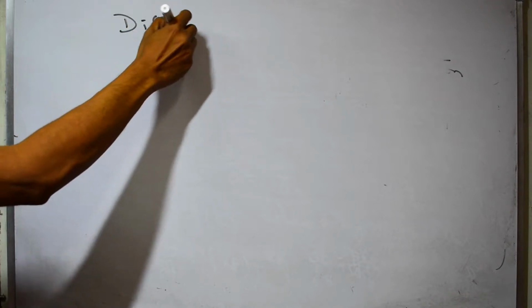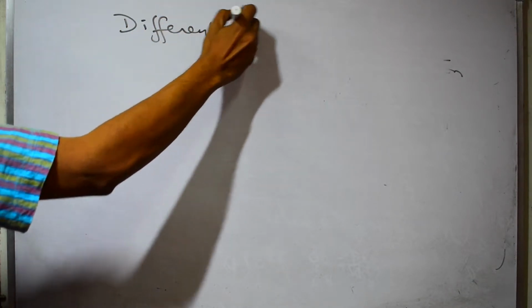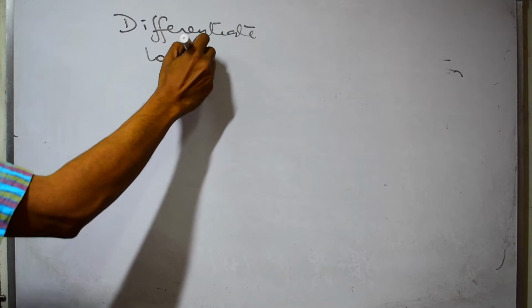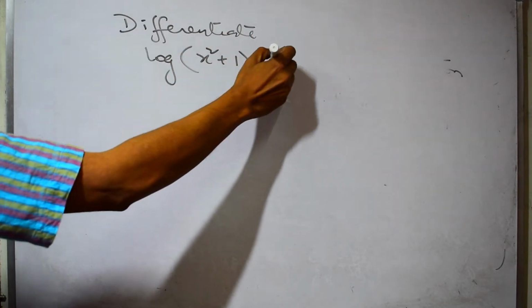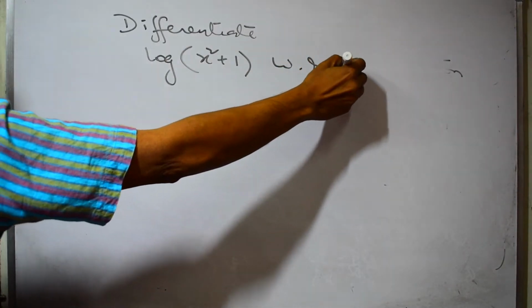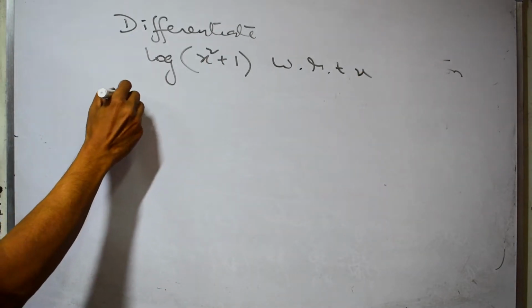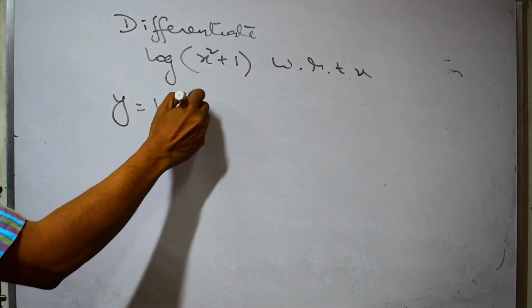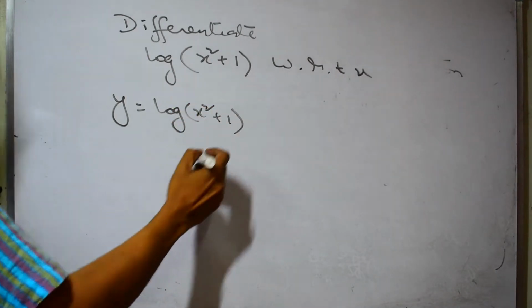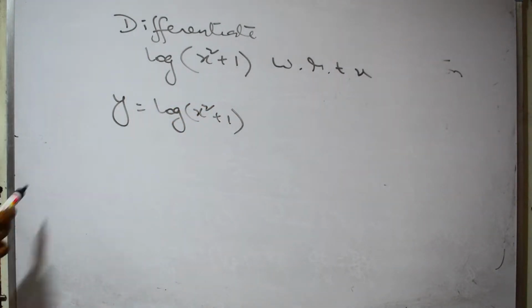This will be applied in a case like: differentiate log of x square plus 1 with respect to x. In this case, if I write y is log of x square plus 1, then we find that y is not directly linked to x.